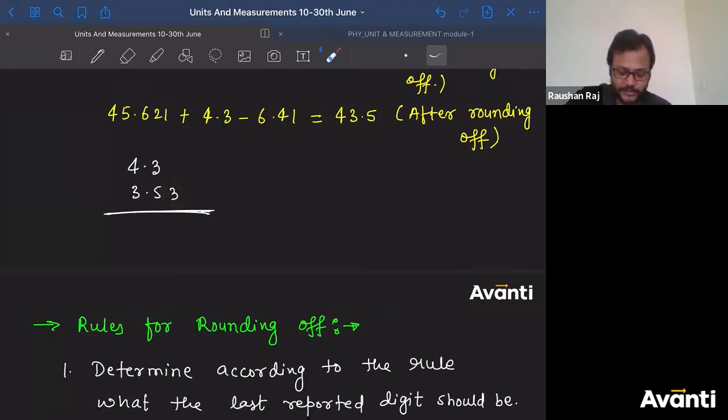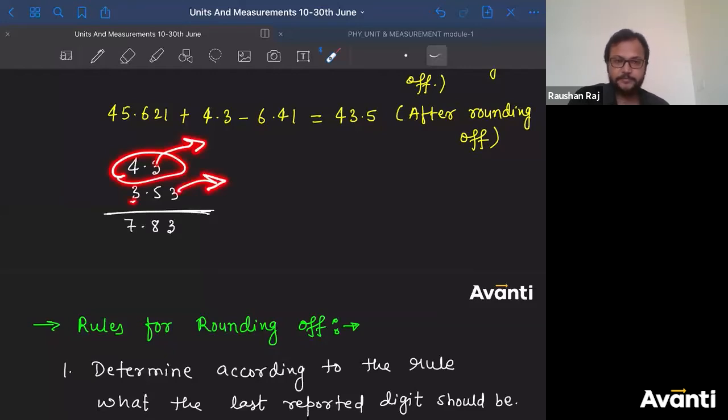Now, if you add these two, can I say you are going to get 7.83? So now, initially 4.3 has uncertainty over here, and this has uncertainty over here. Now tell me, in the addition, which digits have uncertainty?